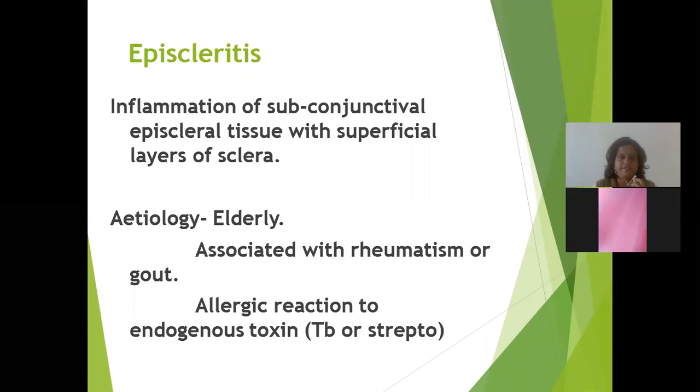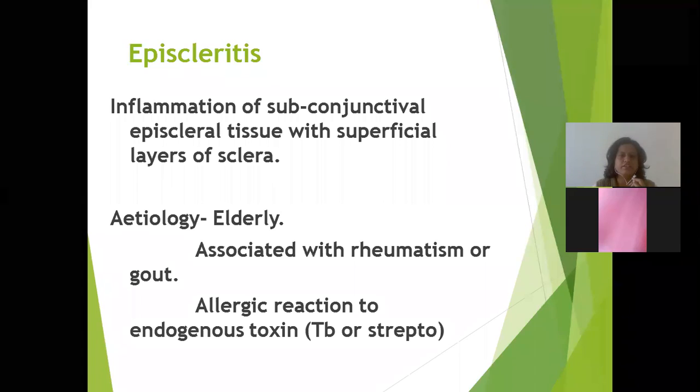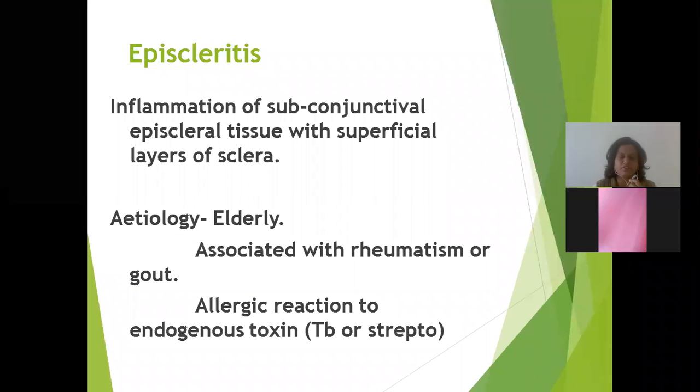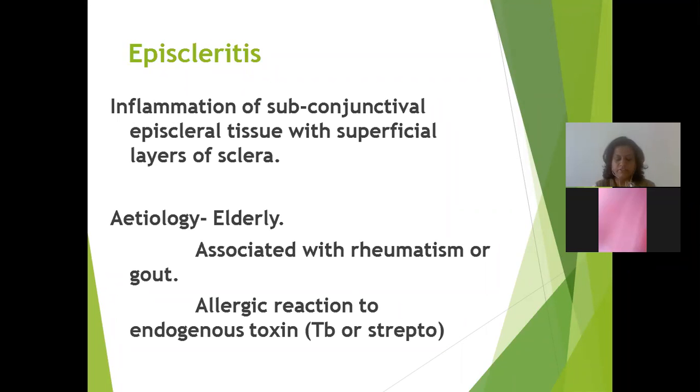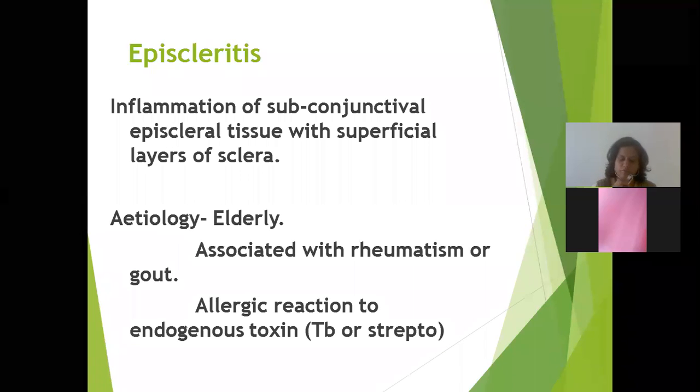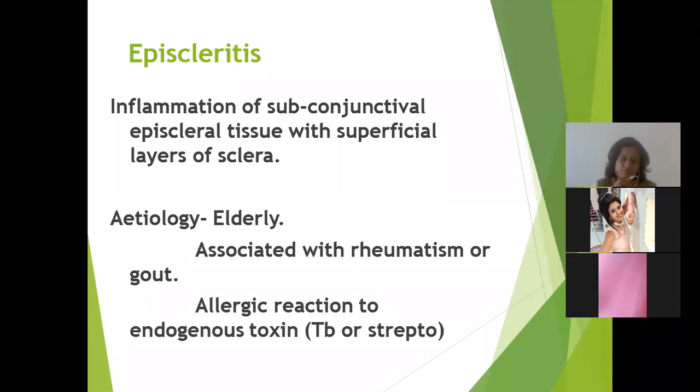Etiology: it is seen in elderly patients associated with rheumatism or gout, and allergic reaction to endogenous toxins like tuberculosis or streptococcus. It is seen in young adults, more in females, and idiopathic is most common. Then allergic reaction to endogenous toxins, for example streptococcal or tubercular, and infections like herpes zoster, herpes simplex, syphilis, and other collagen vascular diseases.